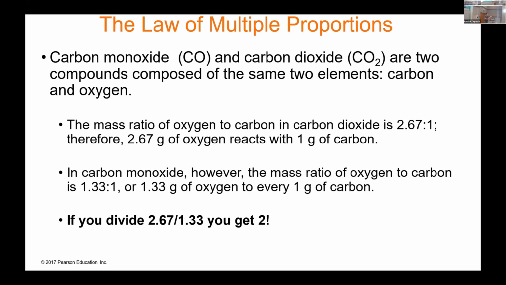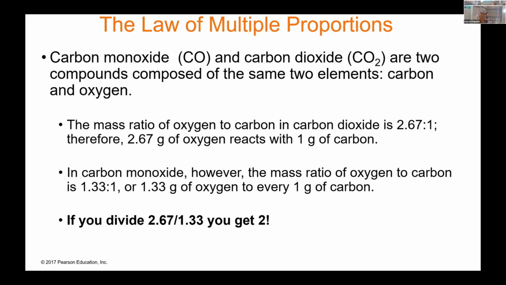So that ratio is a number, 2.67, not a whole number, just a decimal, fine. The same thing for carbon monoxide, for oxygen to carbon, is 1.33. So 1.33 grams of oxygen to 1 gram of carbon.